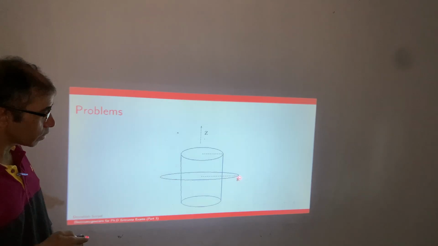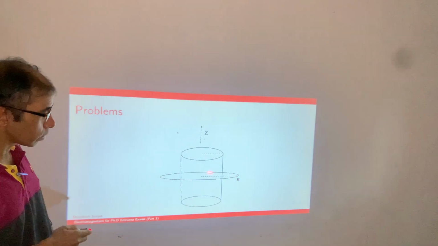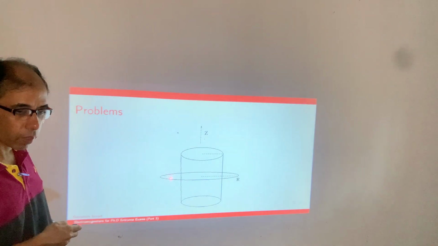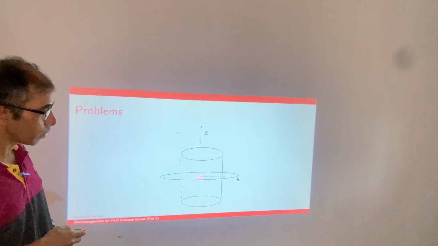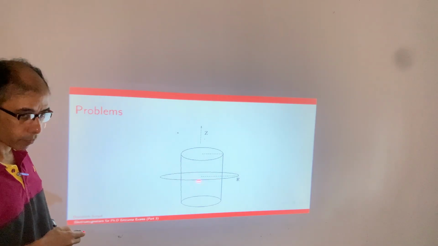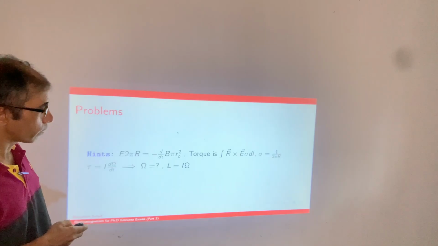In our case, E is tangential to this circle, and the flux is the flux across this, because outside there is no flux. Whatever magnetic field is there is inside, so the flux is changing here. We have to take a time derivative of this.